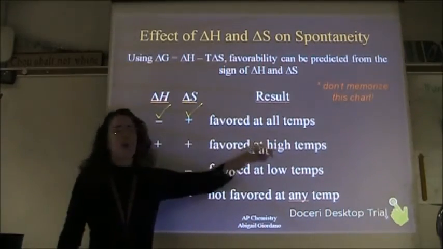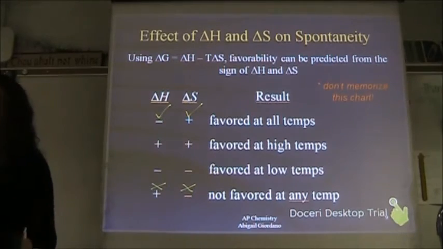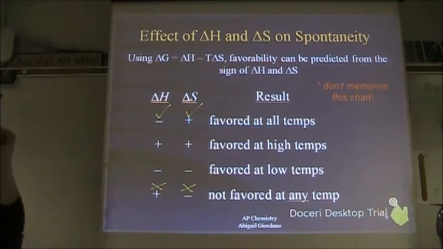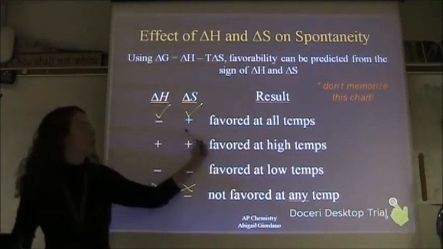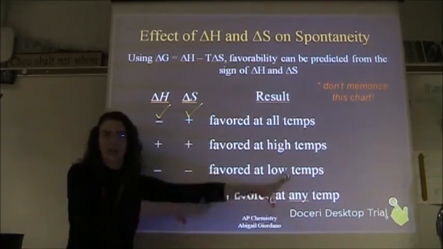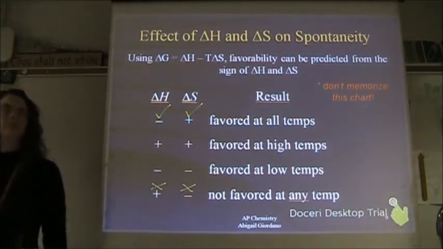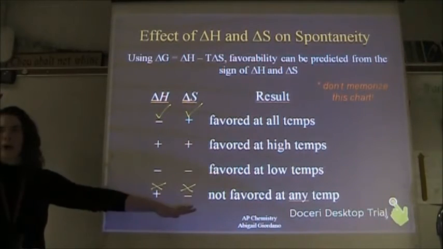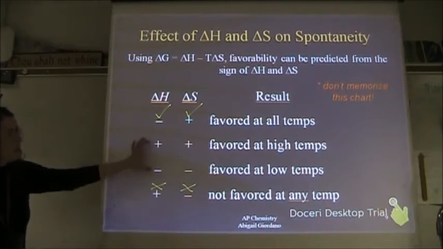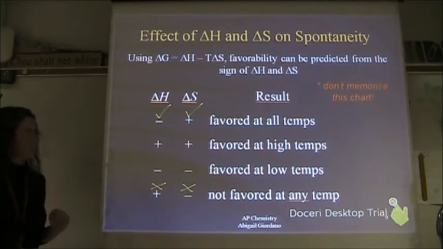Doesn't matter if it's cold, hot, you're in the Arctic, you're on the surface of the sun. It doesn't matter. This reaction will always occur on its own without any help. No math required. It's these middle two that are a little dicey.